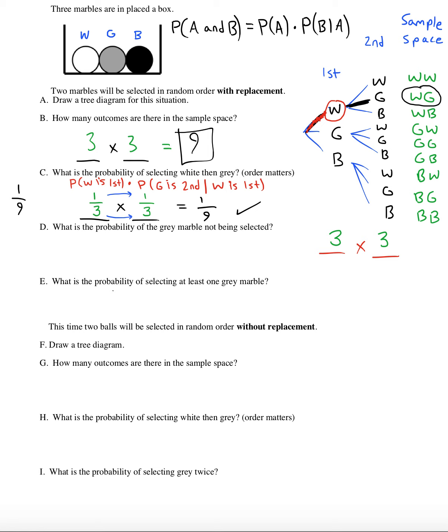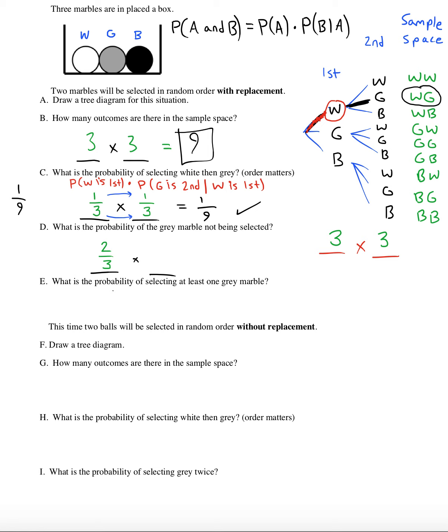All right, for the next one, it says, what's the probability of gray never being selected? Well, we don't want gray on the first pick, so there's a 2 in 3 chance that we won't get it.